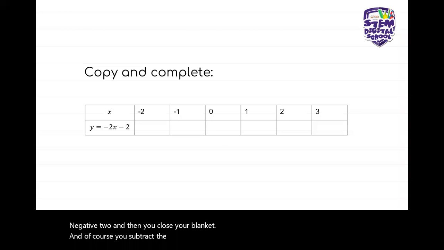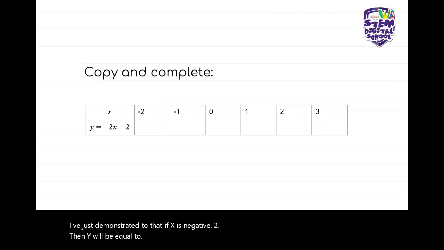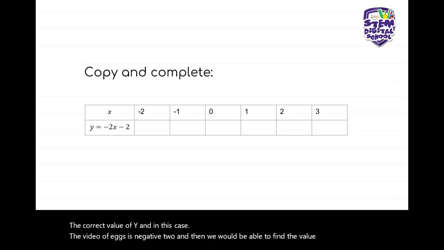So basically, as you can see in the group chat, I've just demonstrated to you that if x is -2, then y will be equal to -2 into -2 and then minus 2. So you just substitute the correct value. In this case, the value of x is -2, and then we will be able to find the value of y. So basically, we use x in order to find y.